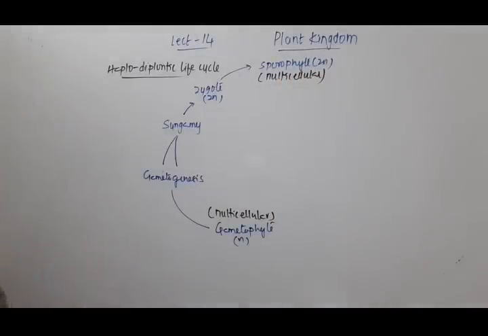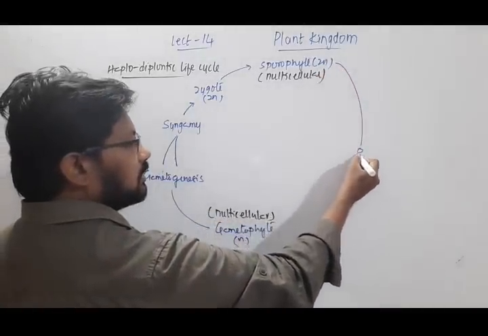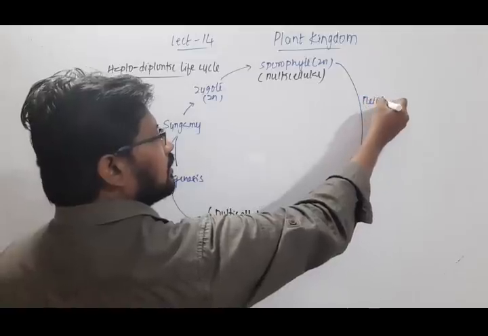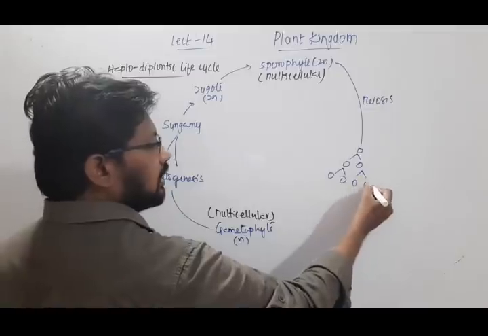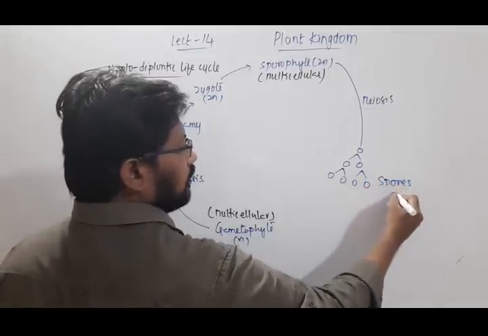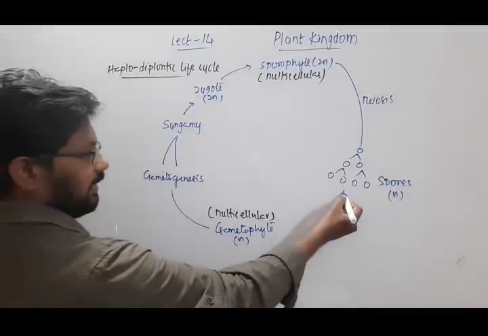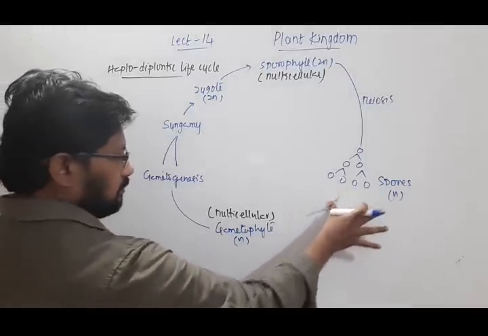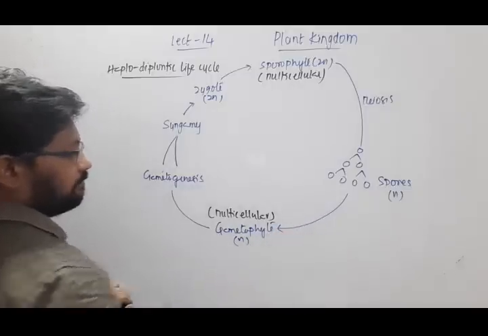By the process of meiosis, it results in the formation of spores. These spores are haploid, and upon germination they give rise to the gametophyte.